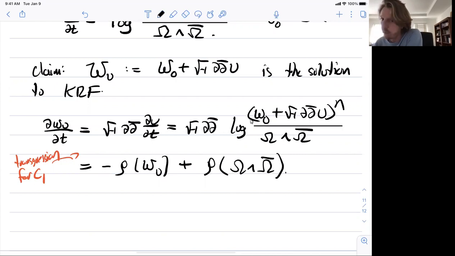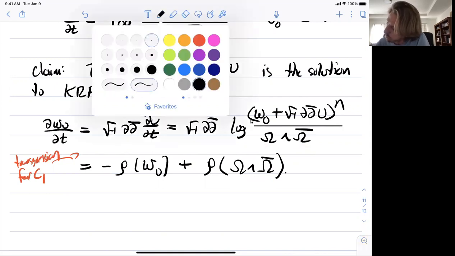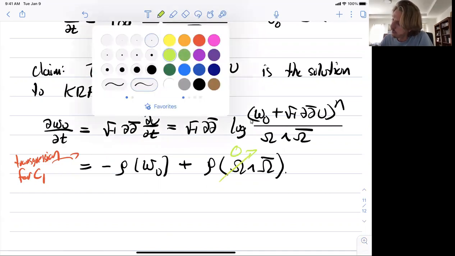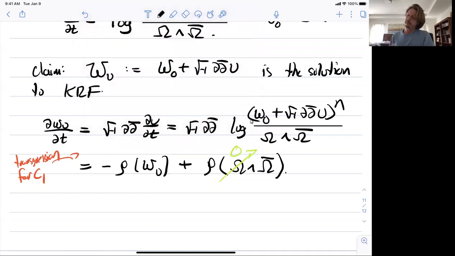I'm overloading the notation, but I can think of the Ricci curvature as the curvature of the canonical line bundle, and then I just need a metric on that bundle, and so Omega wedge Omega bar plays that role. But of course, since Omega is holomorphic, this is just 0. So it's exactly giving what you expect. Alternatively, you can just do the calculation locally using that big Omega is holomorphic, okay?